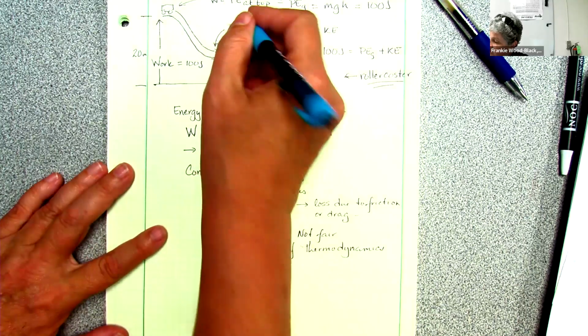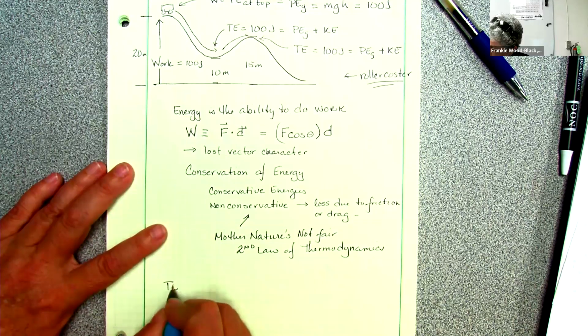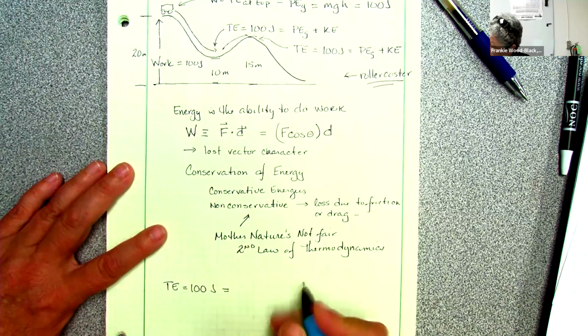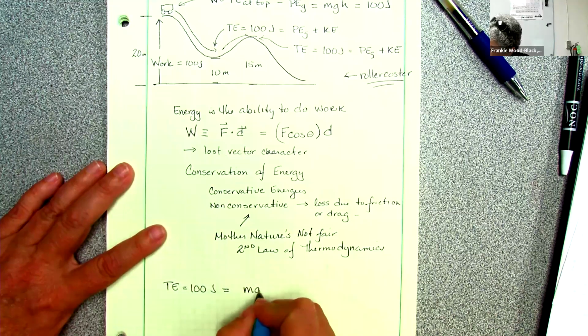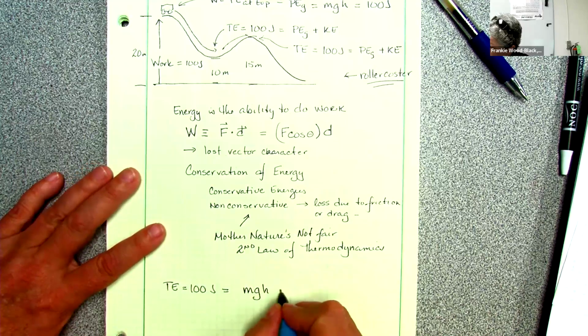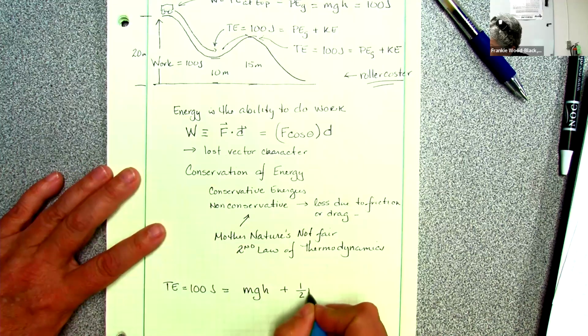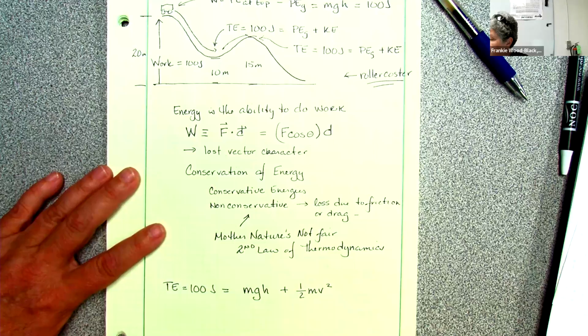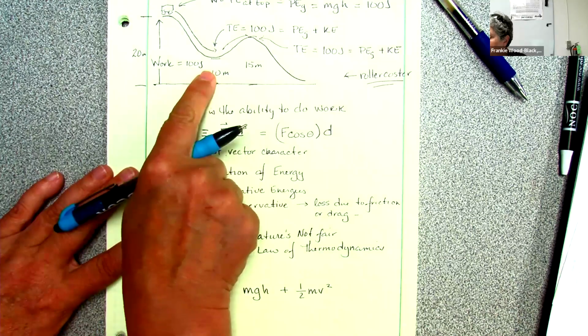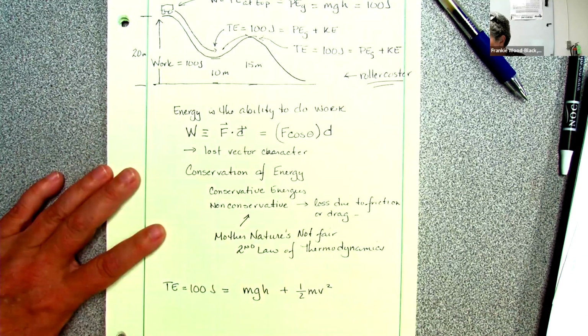So let's look at this one here. If my total energy is equal to 100 joules, this is going to be mgh. And then I have my kinetic energy, which is 1/2 mv squared. I need to know what this potential energy is there.